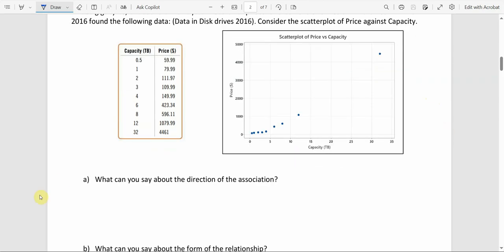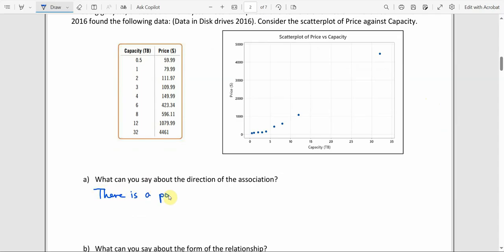What about the direction of association? It looks positive because as one variable goes up, the other one goes up. So I think we can put in here that there is a positive association. And I suppose we can make this a little more specific with the actual variables.